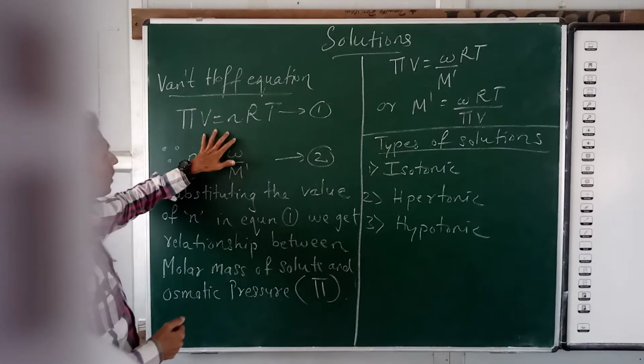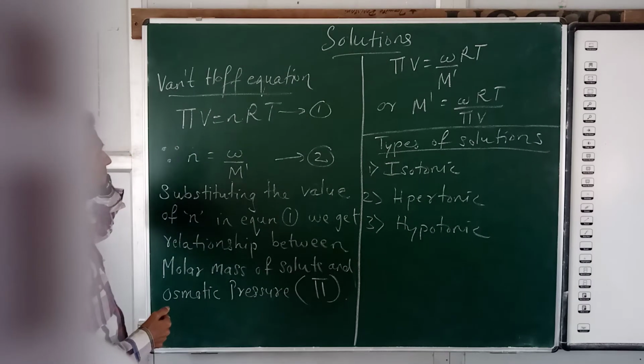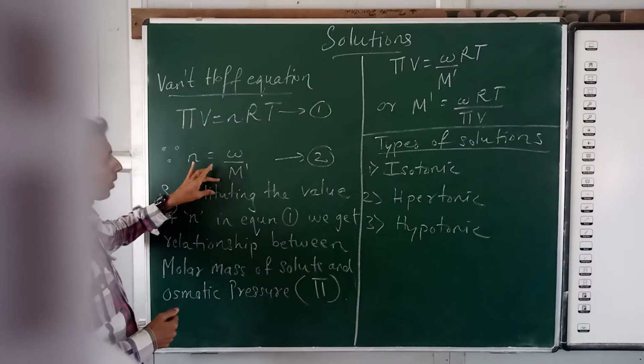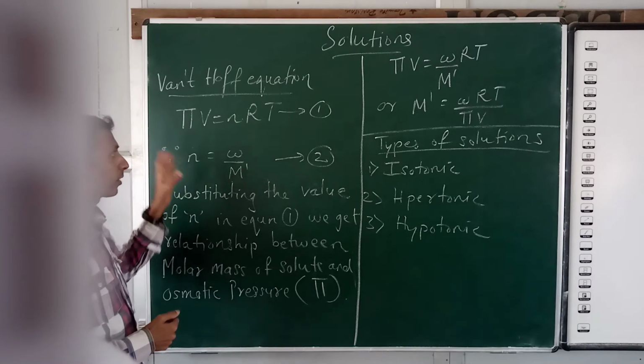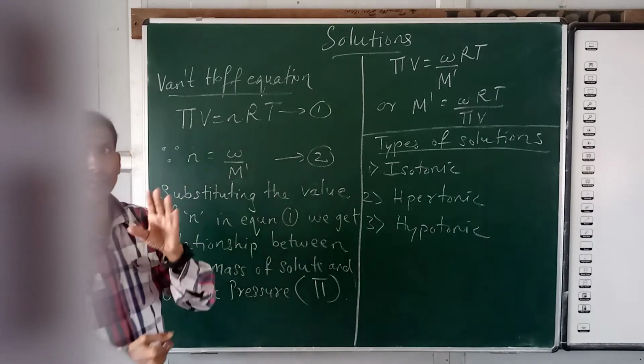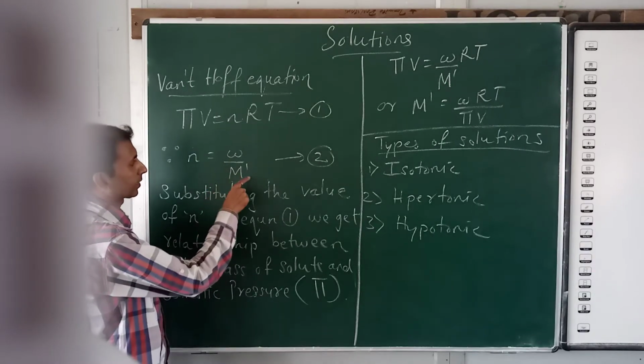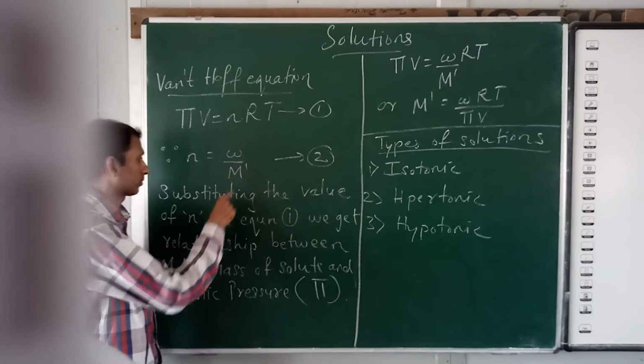This becomes equation number 1. The number of moles is also given by mass of the component upon molar mass of the component. Here we consider the mass of the solute denoted by small w upon M dash, the molar mass of the solute.